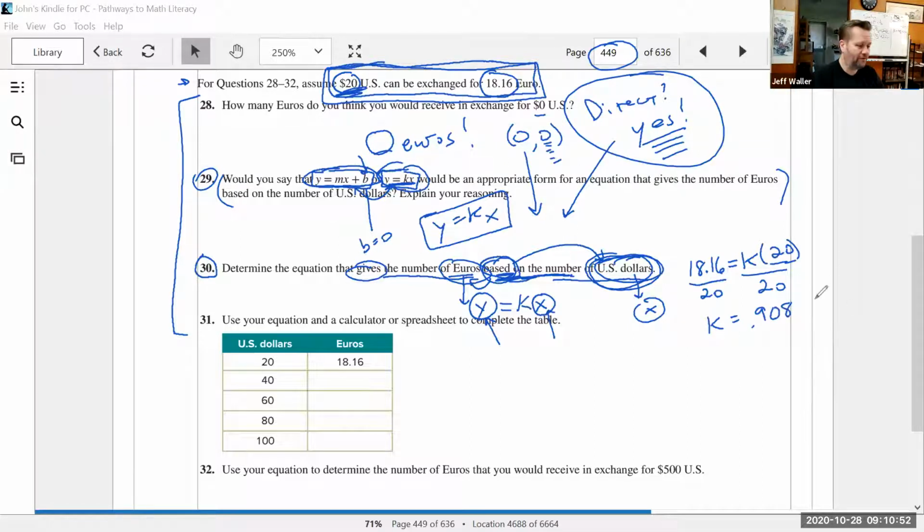Now, you ready for this next question? This isn't even part of the question. Can somebody tell me what the units are on this? Consider what we just did to get it. What are the units? Something per something.